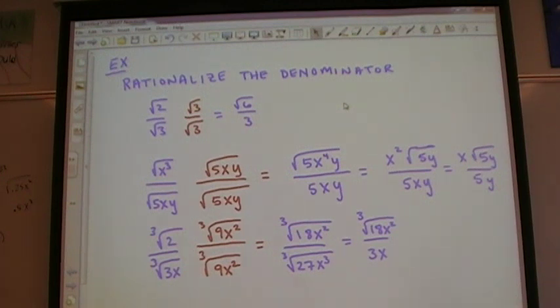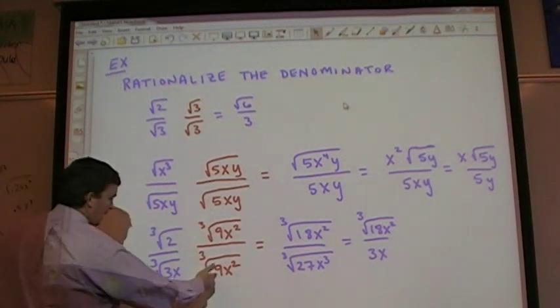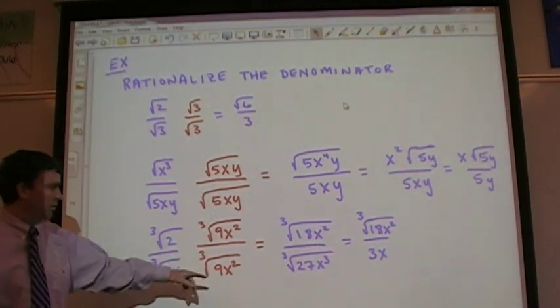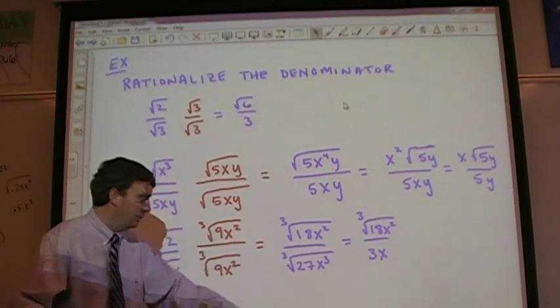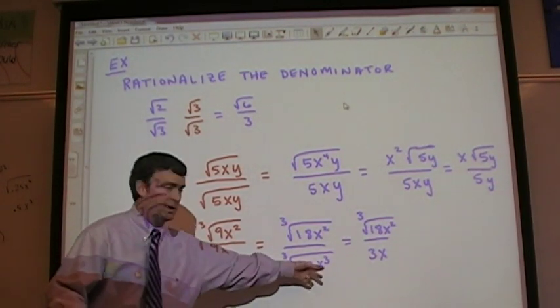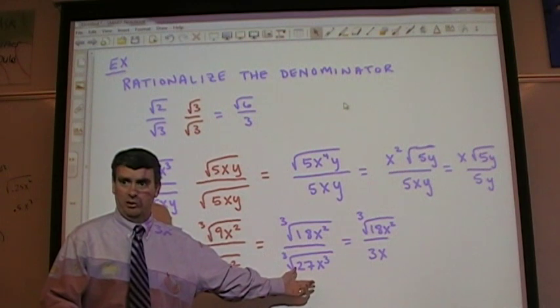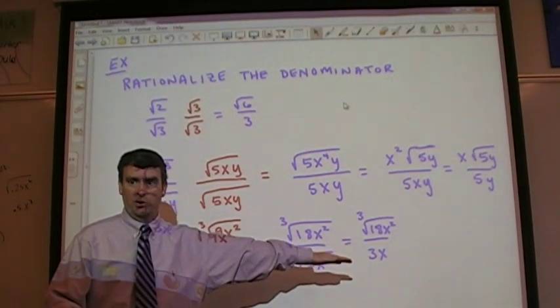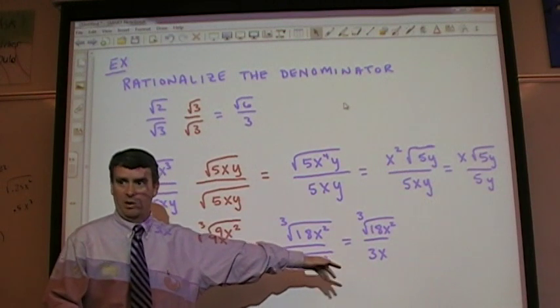And the way I do that is with this number, 9x squared, because 9 times 3 gives me what? 27, which is a perfect cube, and x times x squared is x cubed, which is a perfect cube. So the whole thing is a perfect cube, so my next step, there will be no radical, which is what I want.